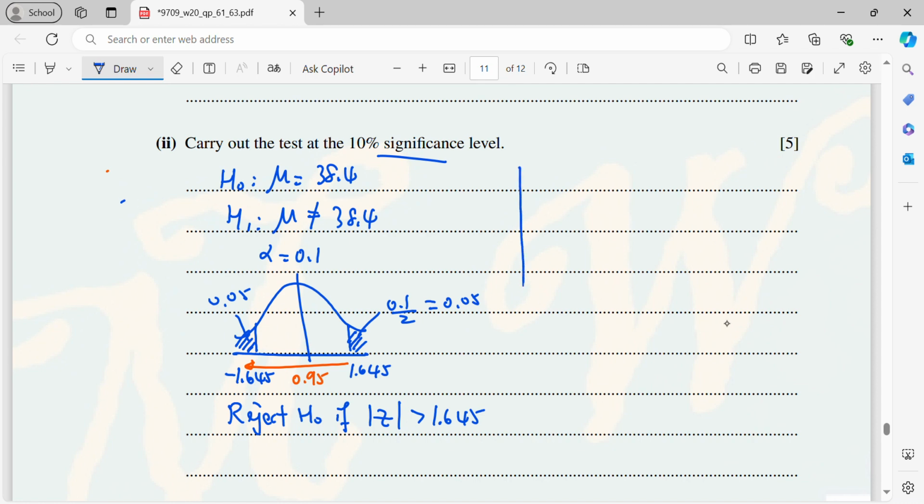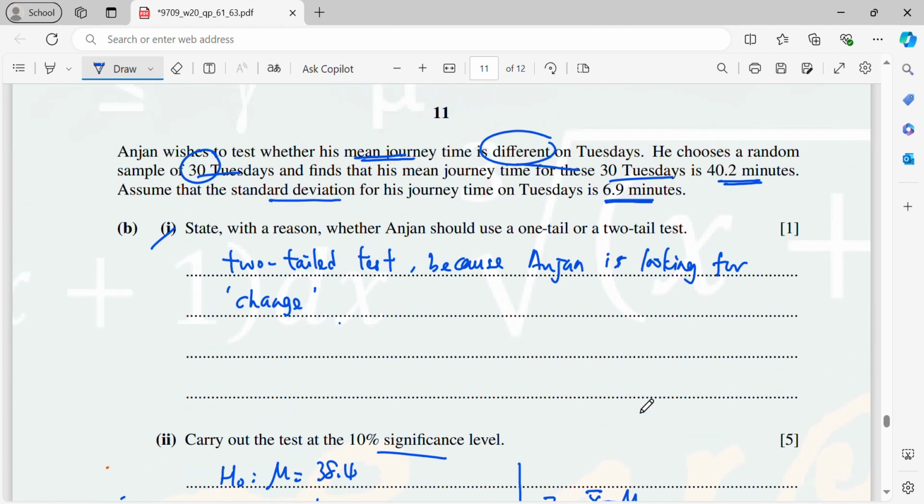And now my calculation. So Z equals X bar minus mu over square root of sigma squared over n. Or you can write sigma over square root n, no problem. Then X bar, the mean for 30 days, is 40.2.